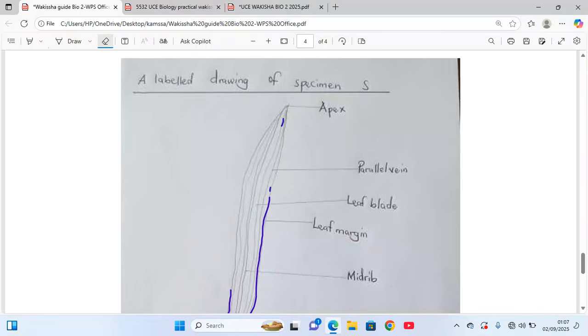Remove this one so that you can see the picture very well. You can see our picture very well.